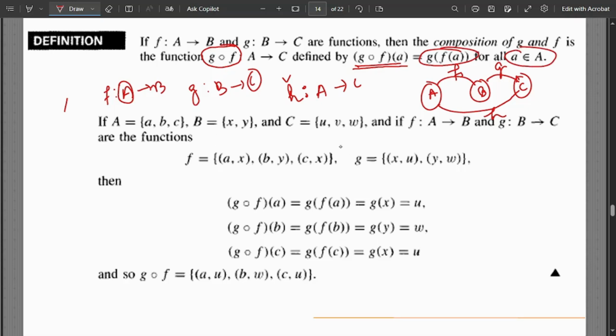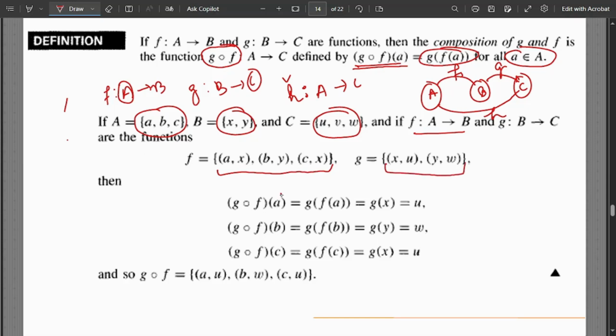For example, suppose we have set A as a, b, c, set B as x, y, z, and set C as u, v, w. Then f from A to B is like that: a to x, b to y, c to z, and g from B to C is x to v, y to w, z to u.